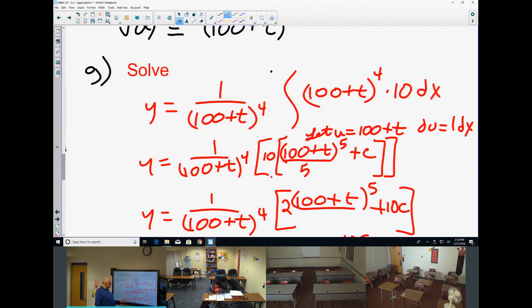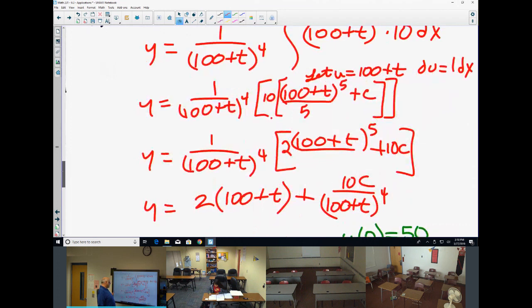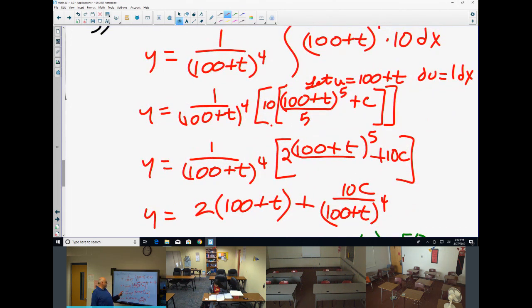Now I distribute this through 100 plus t to the 4th in the denominator, and that's going to cancel with 100 plus t to the 5th, leaving me with just one of them. So I get 2 times 100 plus t plus 10c over 100 plus t to the 4th.